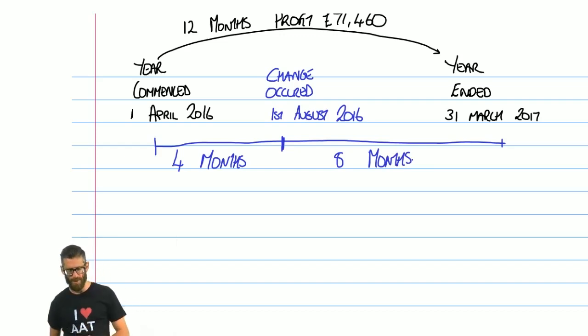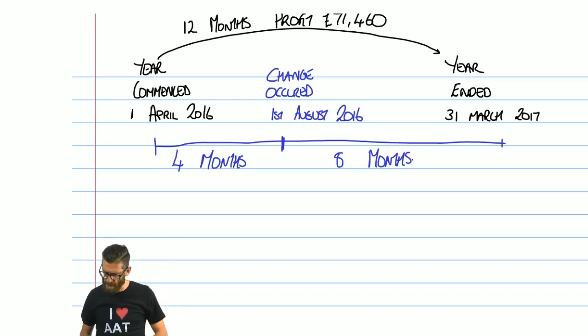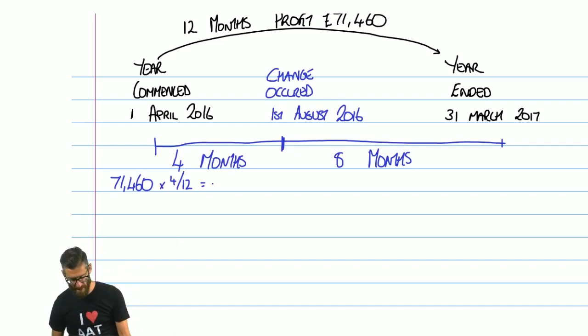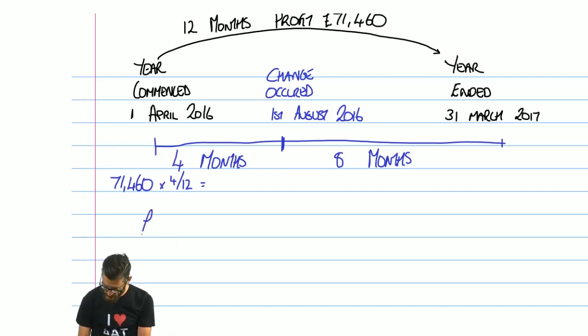So what I'm going to do now is prorata that profit. That's 71,460. I need to know how much applies to the 4 months. So 71,460 multiplied by 4/12 will give me a number that I cannot do in my head. 71,460 times 4 divided by 12 gives me 23,820.